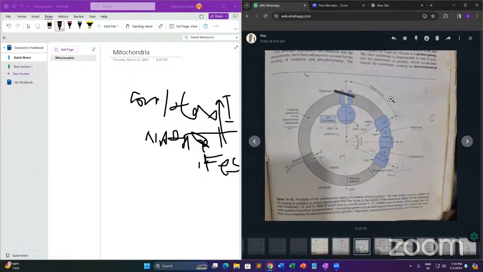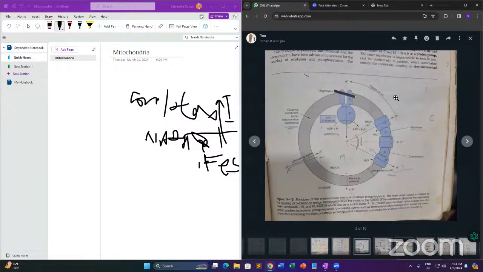So the pH of the matrix of the mitochondria increases because protons decrease, and in the inner membrane space the proton concentration increases, which means the pH decreases. One pH is equivalent to at least 10 protons. So the difference across the mitochondrial membrane is about 1 pH: the matrix becomes alkaline, whereas the inner membrane space becomes acidic.